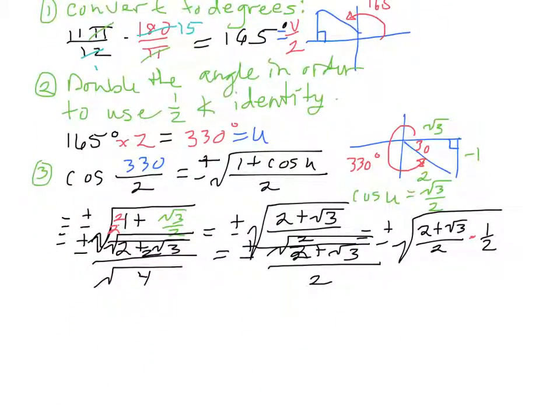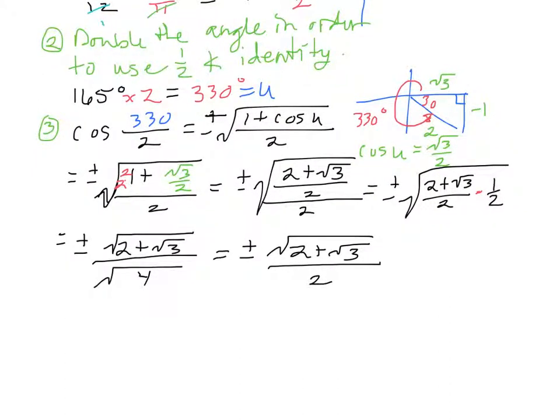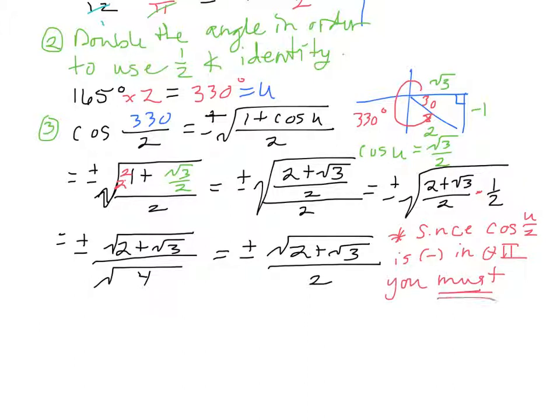So you want to write yourself the following note. Since cosine of u over 2, that's our half angle, is negative in quadrant 2, and that's because our half angle is in quadrant 2, you must choose the negative answer.